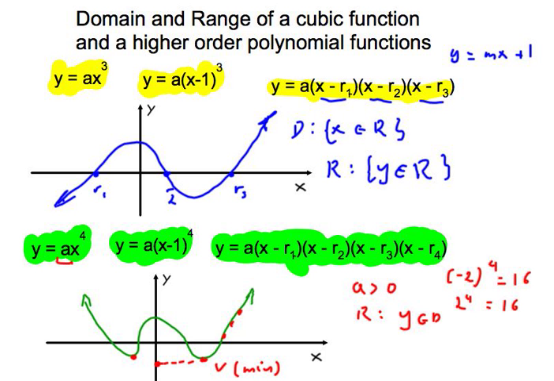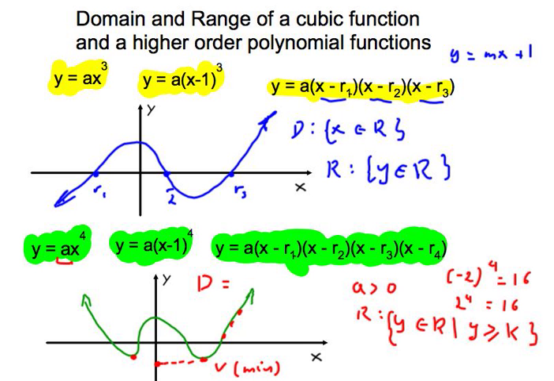So you will have a set of real numbers, y is an element of R such that y is greater than or equal to, let's call it k, the minimum value, k. So this is the range.